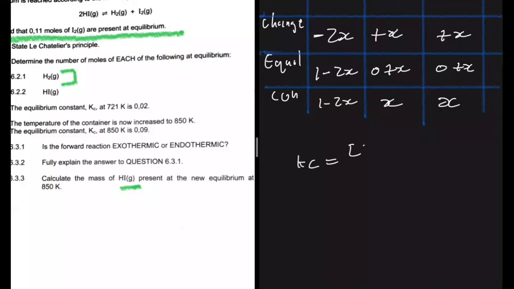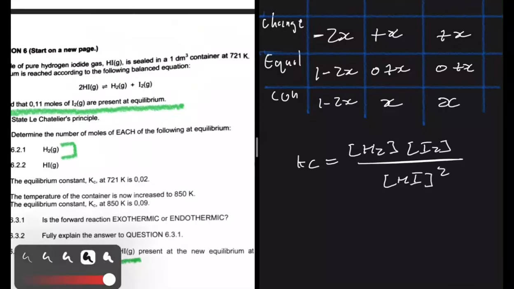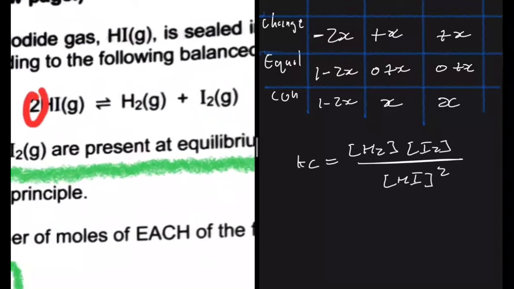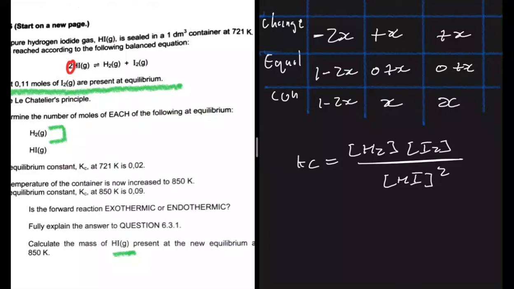It will be the concentration of H2 multiplied by the concentration of I2 divided by the concentration of HI squared. We're squaring that because our coefficient here is 2.